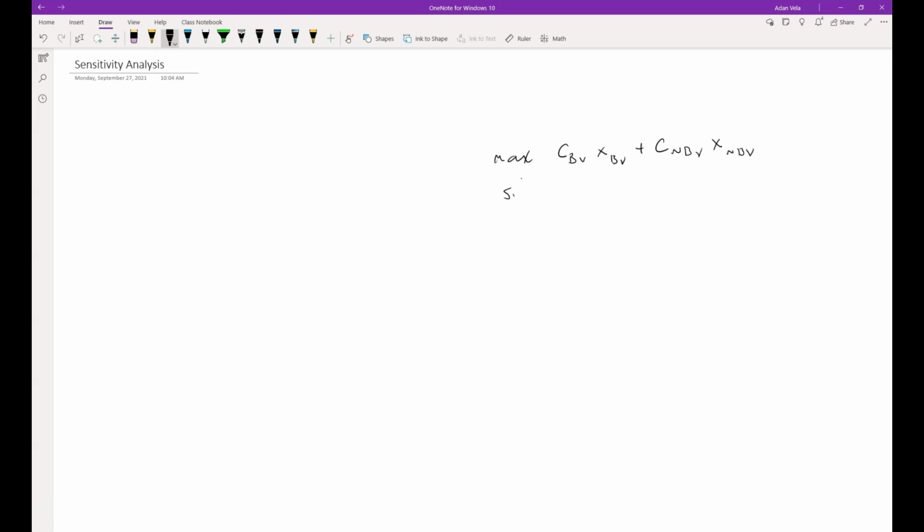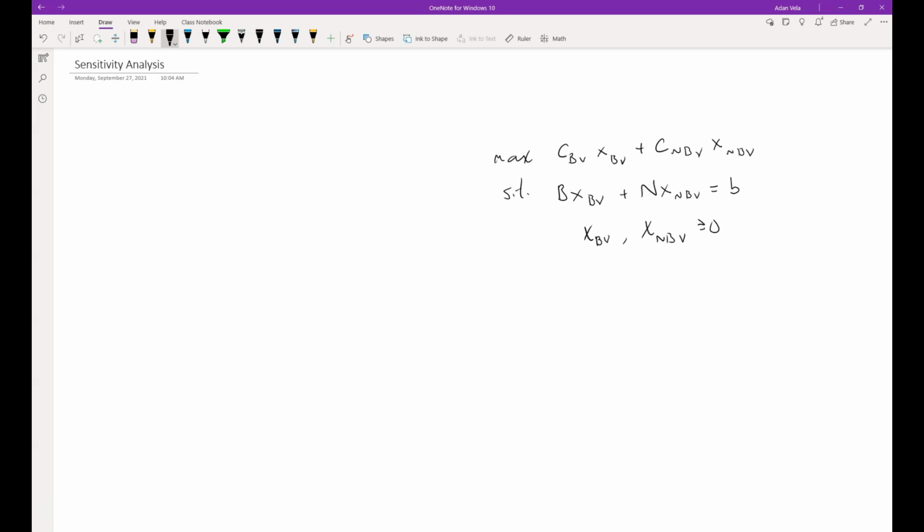Similarly, we're going to split the constraint equations based on the basic variables and non-basic variables. And finally, we'll have our non-negativity constraints, which still hold from before.